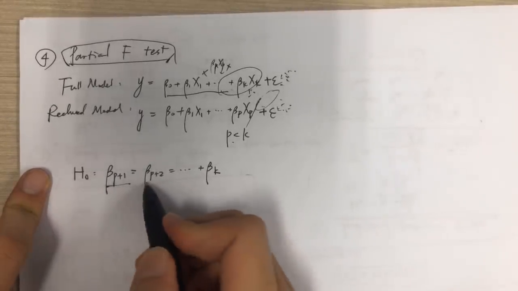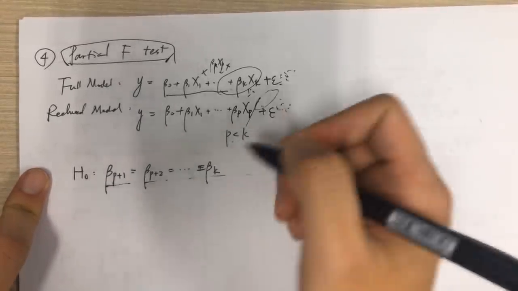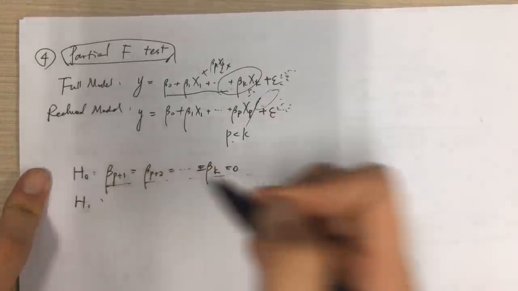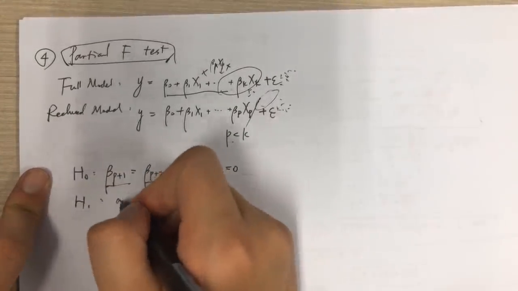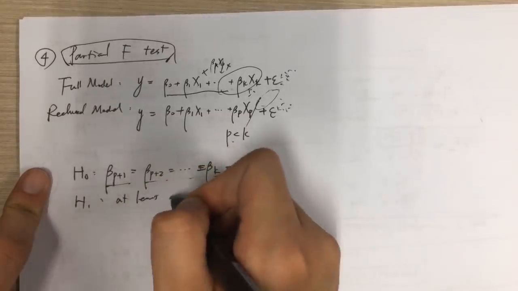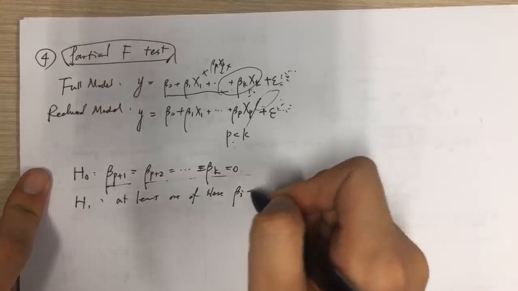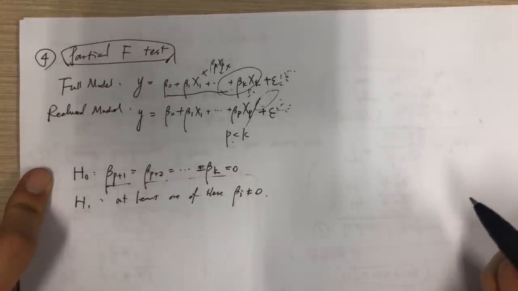So from p plus 1, p plus 2 to beta k all equal 0. And the alternative is at least one of these beta i, again, not equal 0, okay?